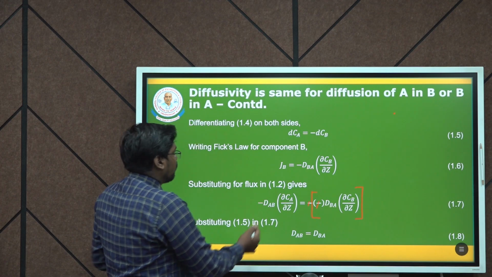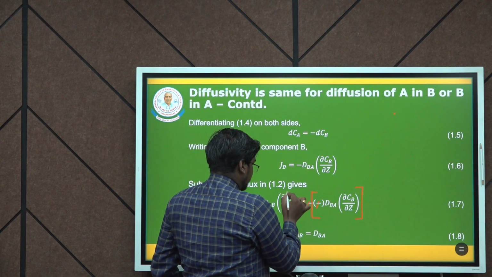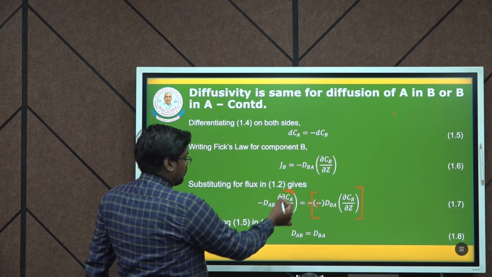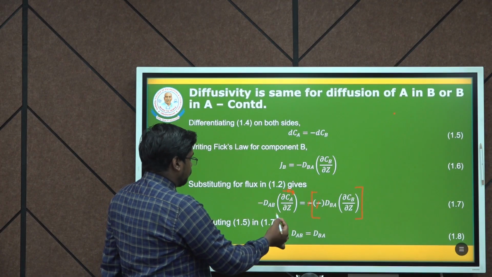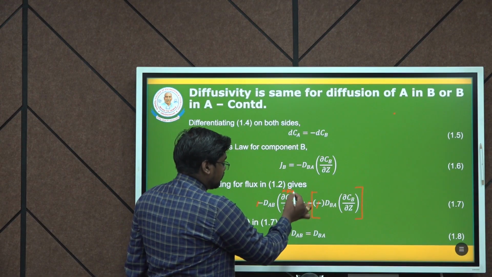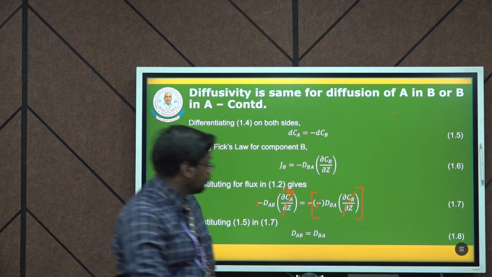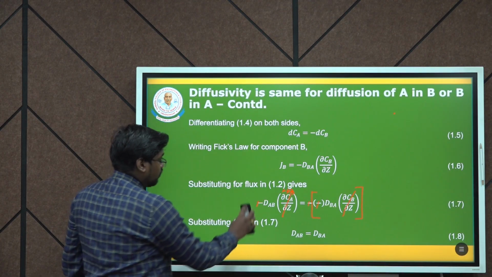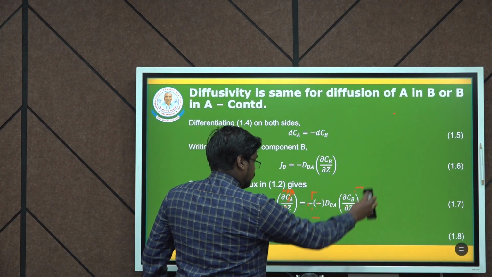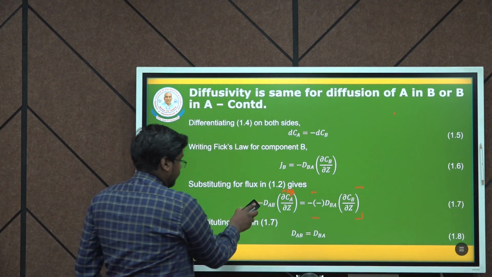And we know that dCa is equal to minus dCb. So dCa can be written as minus dCb, which will give you a minus here, and this minus and minus will cancel. So dou CB divided by dou Z and dou CB divided by dou Z will cancel out each other, and we will get DAB is equal to DBA.